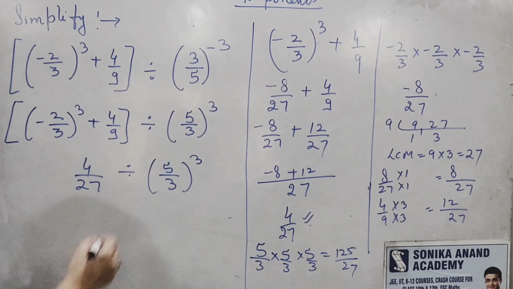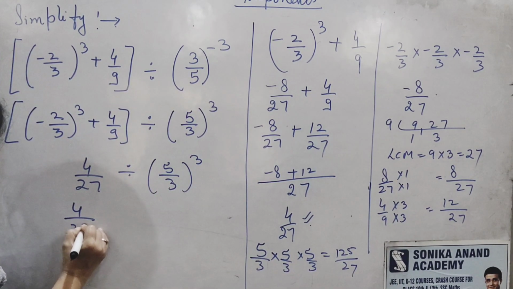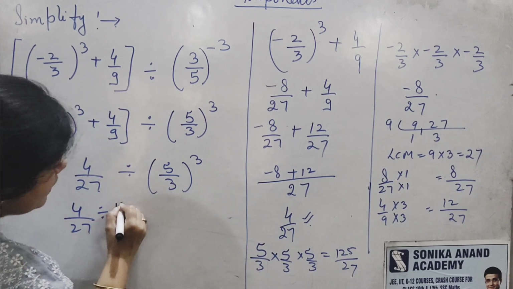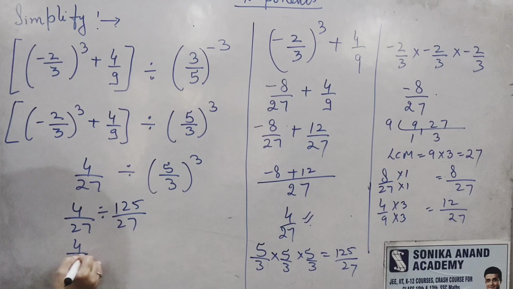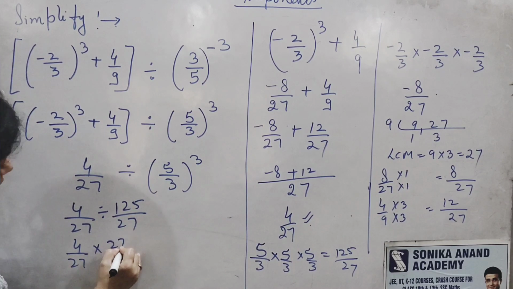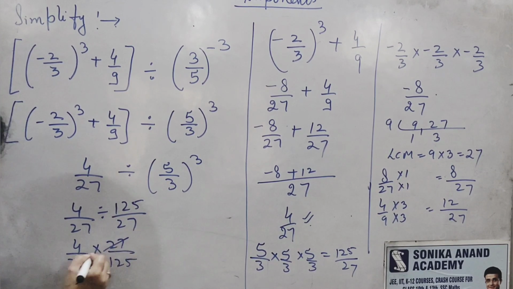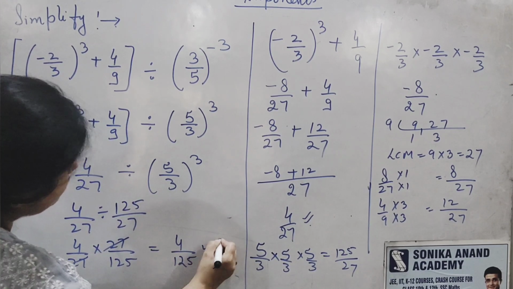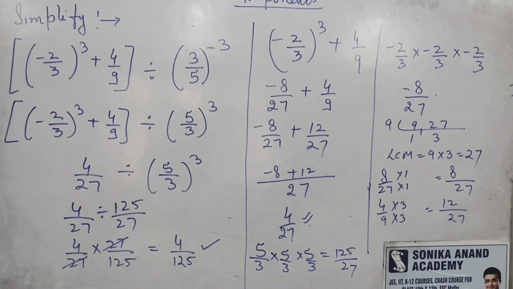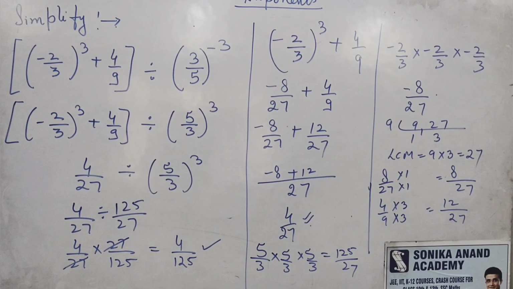Okay. So we put over here 4 by 27 divided by 125 by 27. Now we change the sign of division. 4 by 27 into 27 upon 125. Both get cancelled. We get 4 upon 125. Okay. In this way we solve this question.